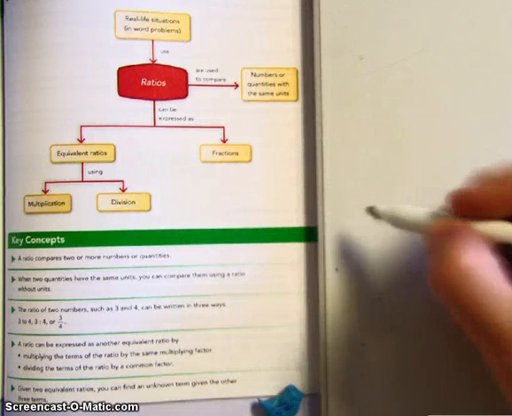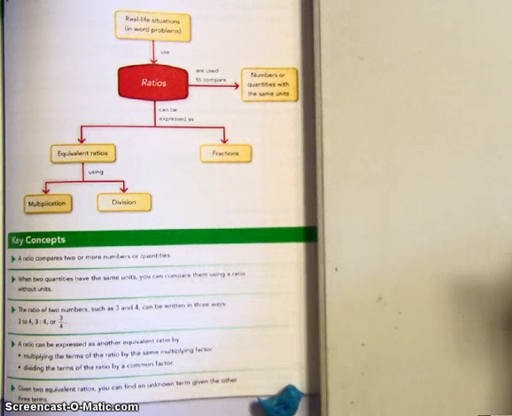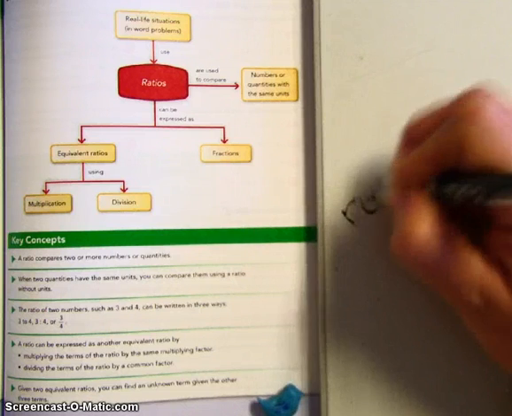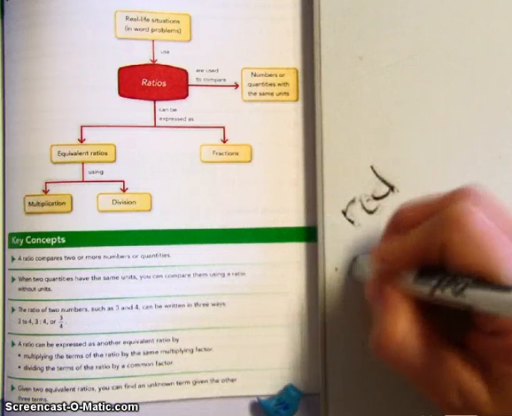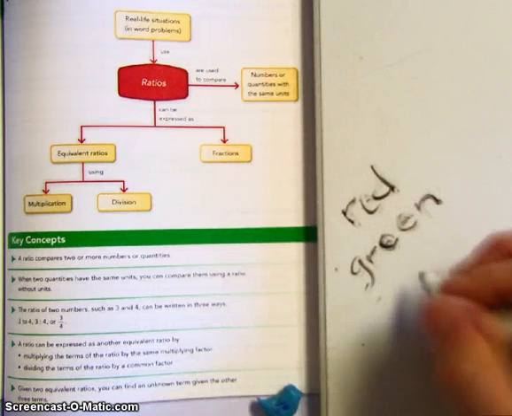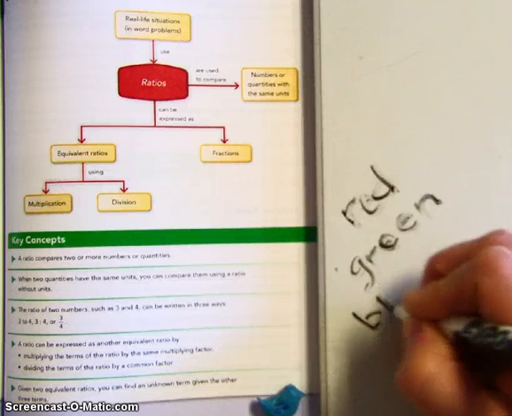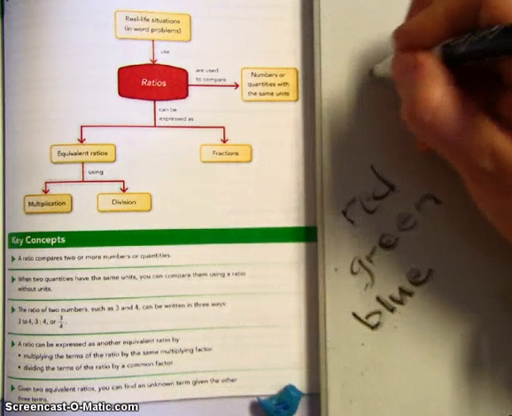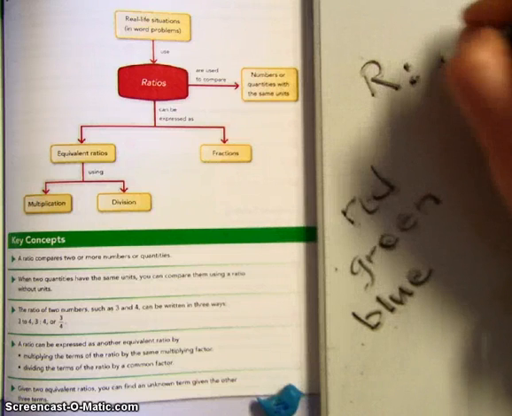And we worked on, one of your questions last night was how many red marbles, how many green marbles, and how many blue marbles, and it would give you the ratio of the red and the green marbles.